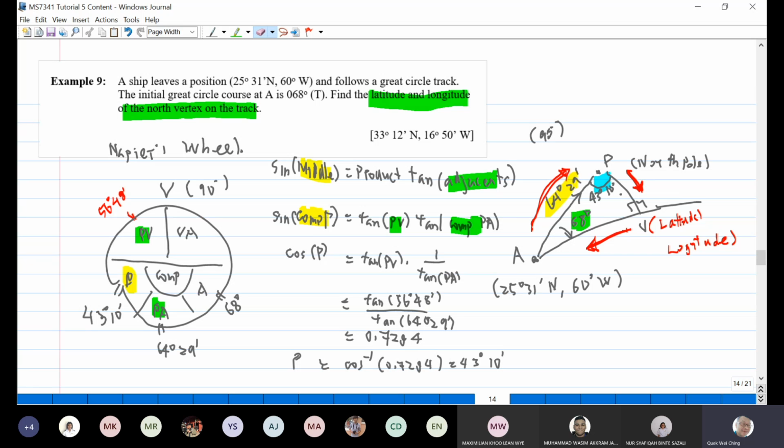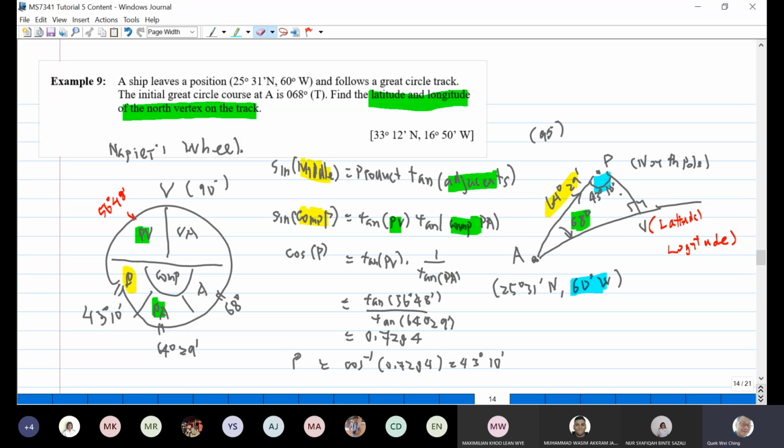Point A is at 60 degrees west, so the direction of movement is actually toward east. Point A moves this way. If you don't draw the arrow, this is the initial course.